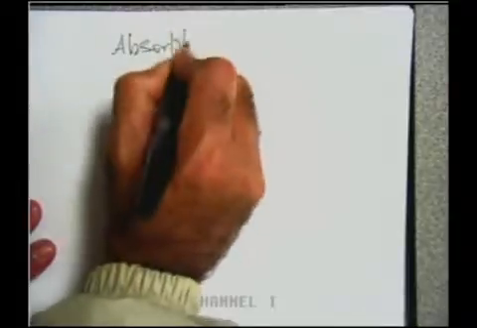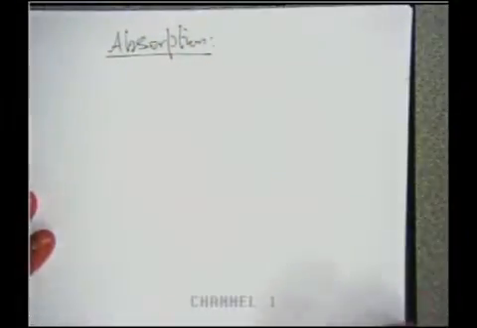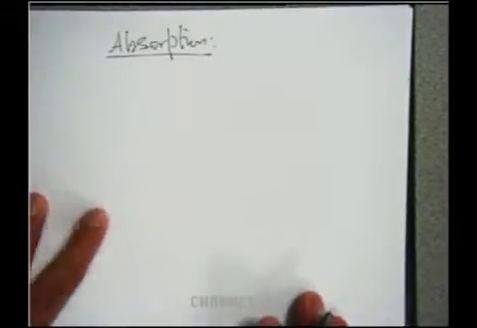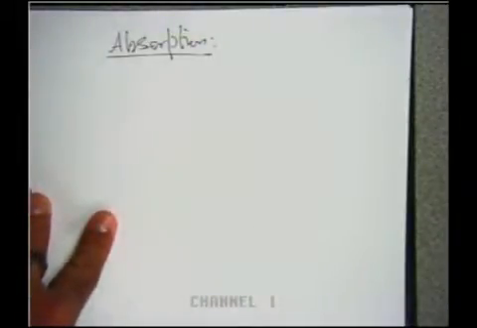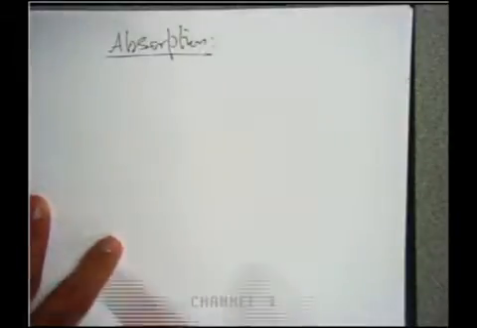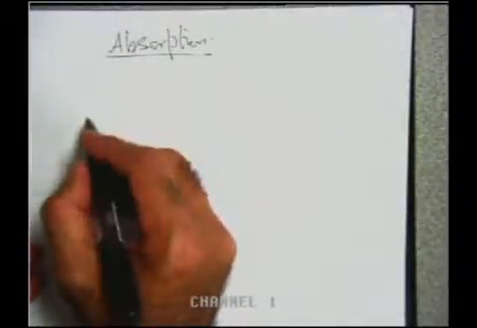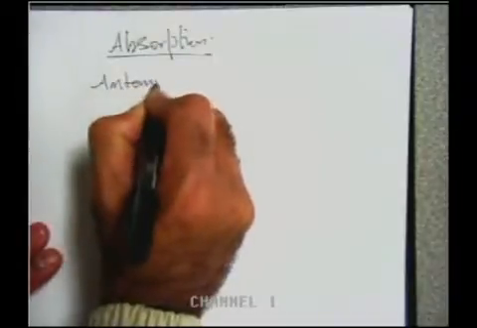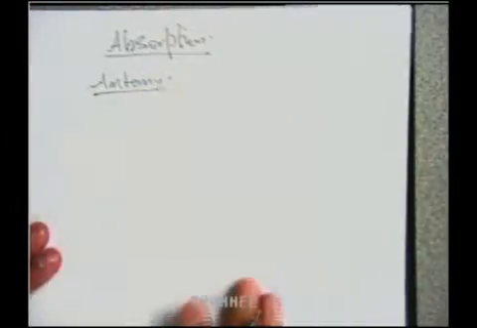What happens in absorption? A couple of classes ago, we discussed mostly the different types of transport mechanisms. So here we will see the anatomy of the small intestine, which we discussed earlier also.